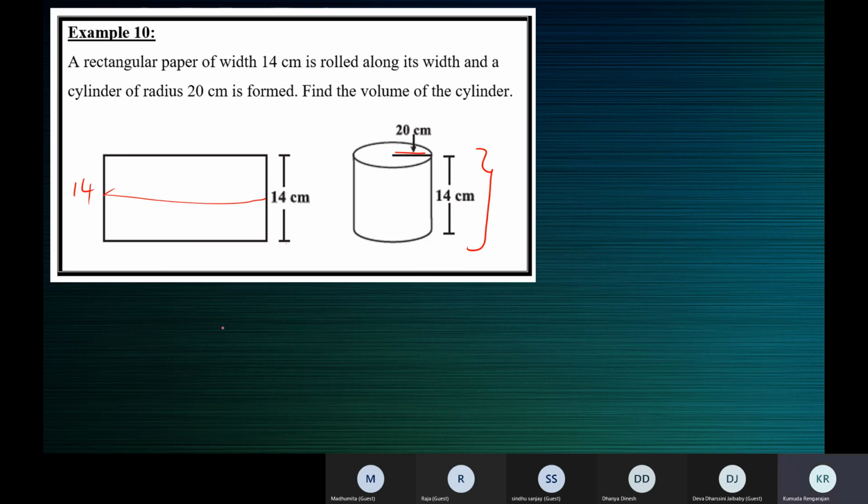Find the volume of the cylinder. What is the formula to find the volume of a cylinder? Have we discussed? Okay, so volume of cylinder is equal to pi r square h.